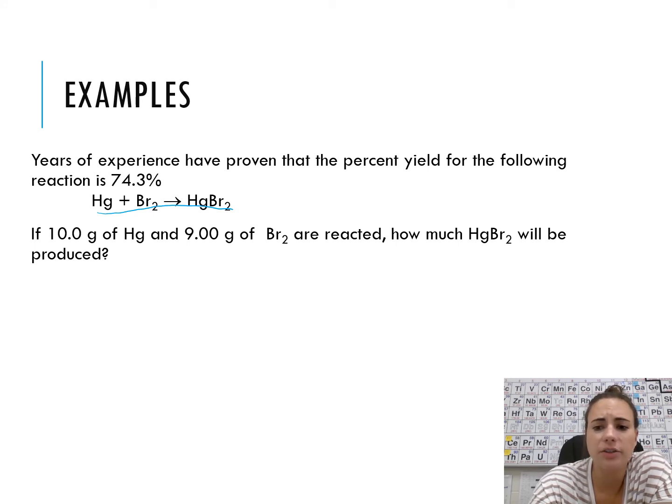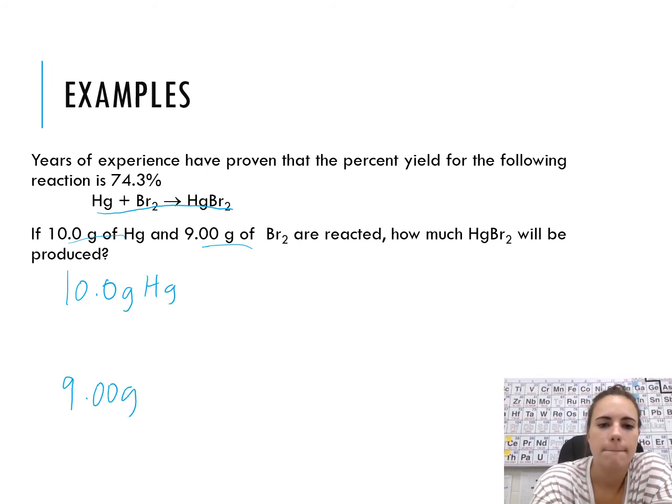So I know I have a limiting reagent problem on my hands, because I'm starting with 2 starting amounts and I don't know which one's going to be limiting. So I'm going to convert each of them into mercury bromide to see which one makes the least.